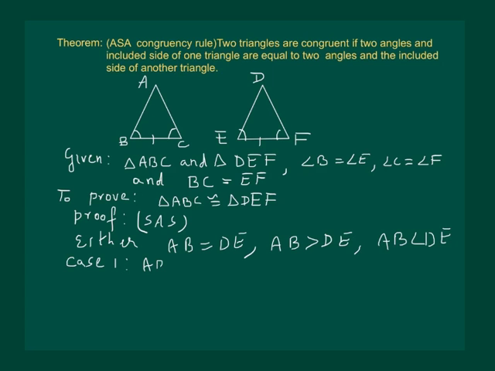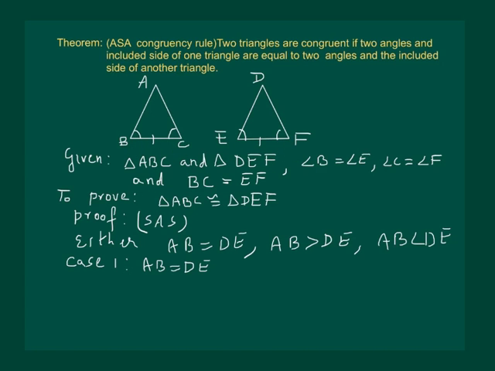If AB is equal to DE, then we already know that in triangles ABC and DEF, angle B is equal to angle E and BC is equal to EF.